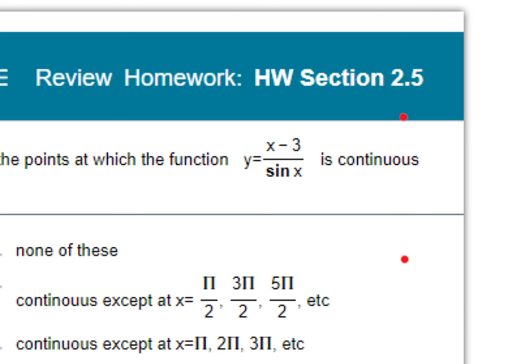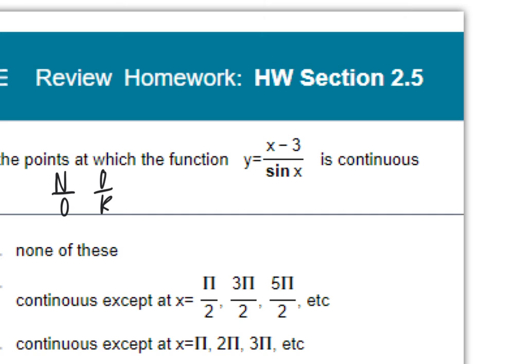And I know that I cannot divide by 0. It's okay to have it in the numerator, but you can't have 0 in the denominator. Well, there is a function in this denominator, and there may be a value of x right here that makes sine of that x equal to 0.